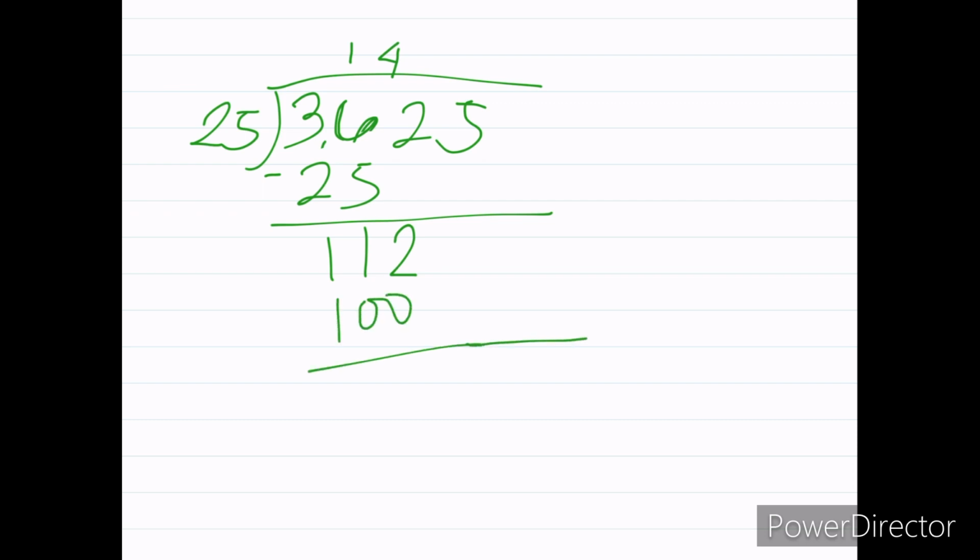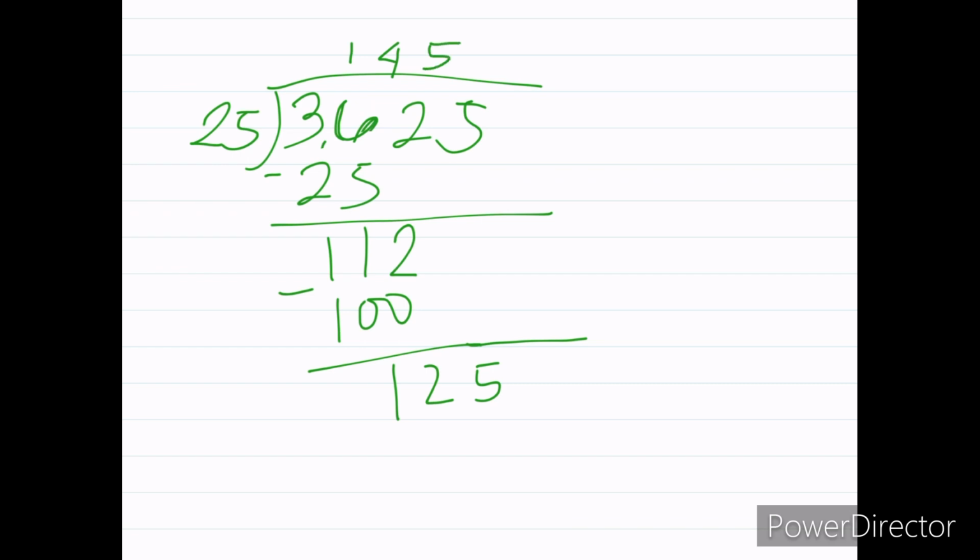Next, subtract. So 112 minus 100 is 12. Then bring down 5. So 125 is our new divisor. So 125 divided by 25 is 5.